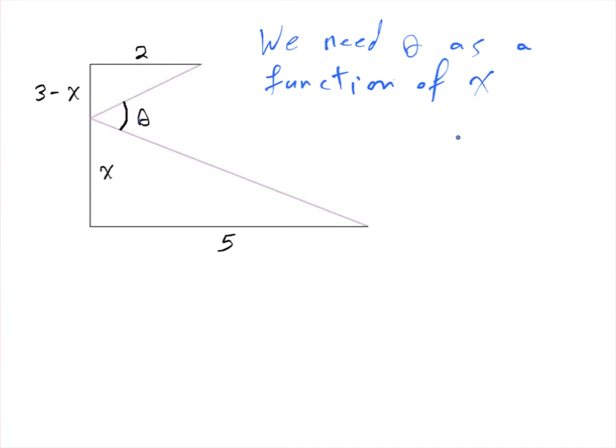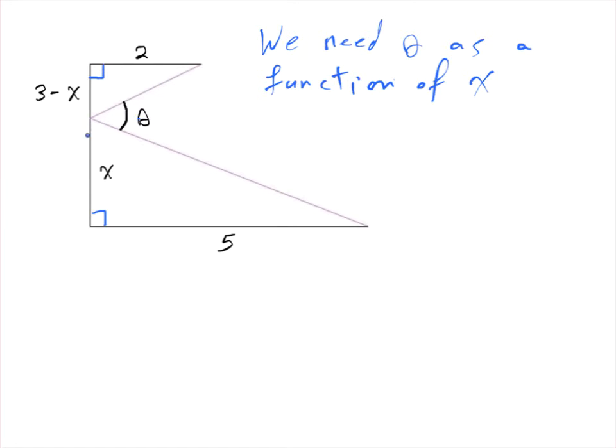So how do we relate theta to x? Notice that these two triangles are right triangles, and we know everything there is to know about right triangle trigonometry, right? So let's look at the top triangle. One side is 2.